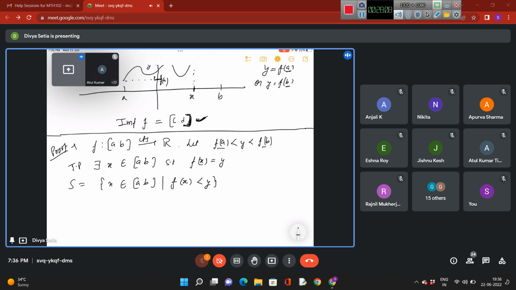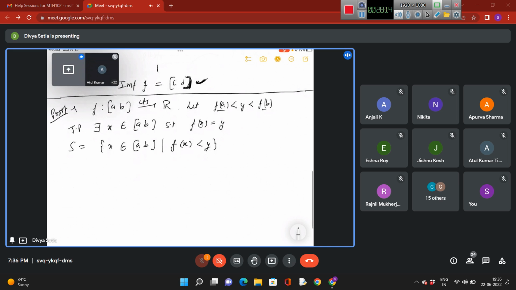I'm collecting all those points in this interval whose image value is less than y. Now, is the set empty or non-empty? It should have at least one value, then it makes sense to talk about this set. So I'm saying S is a non-empty set.